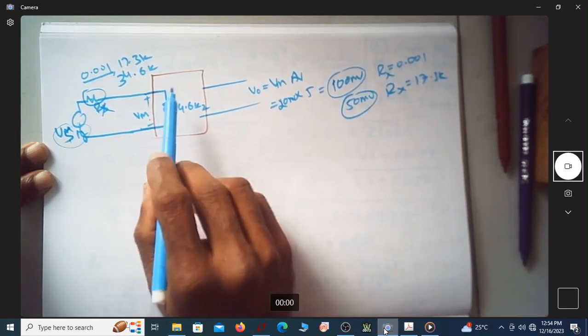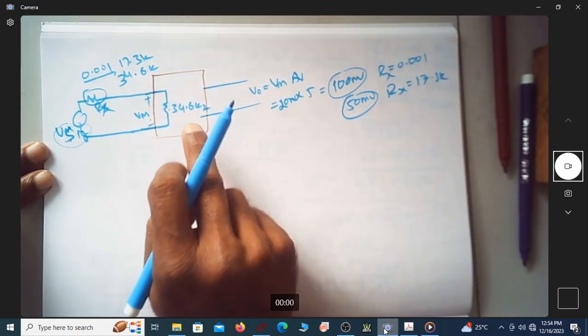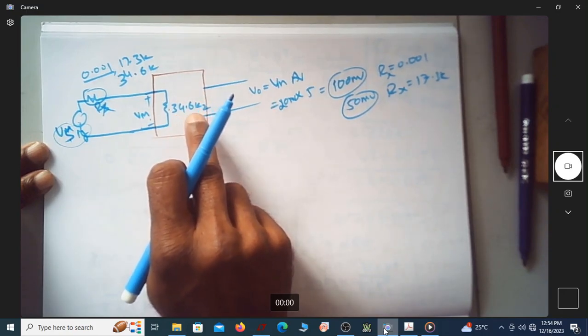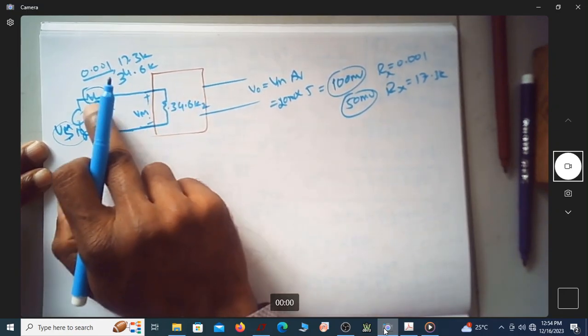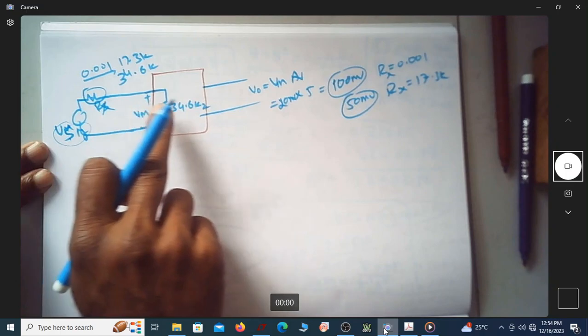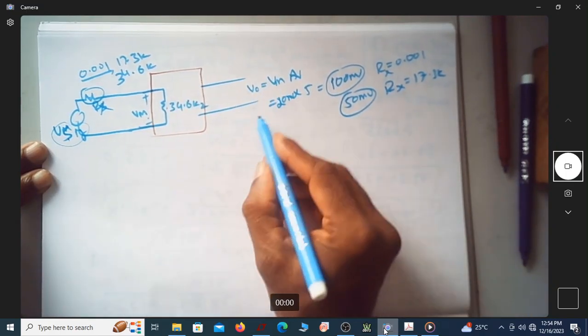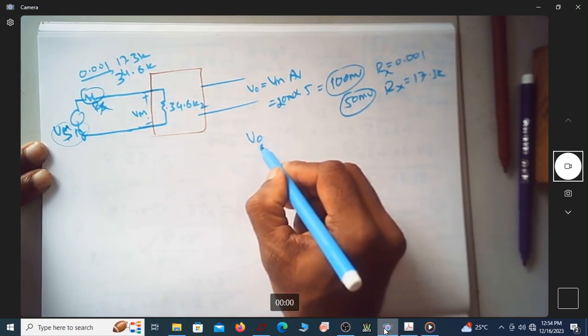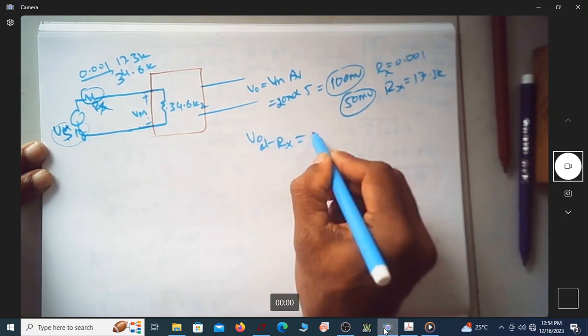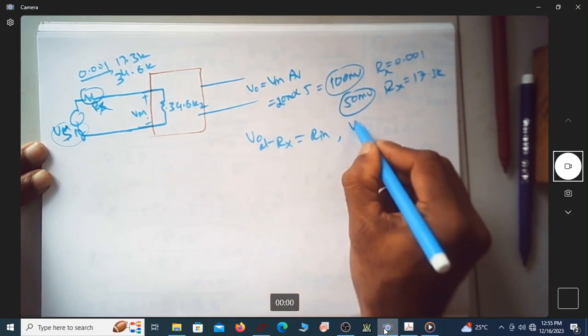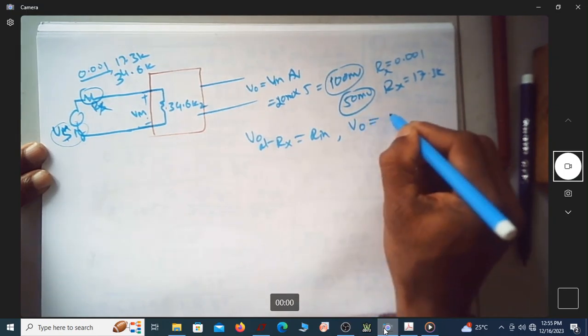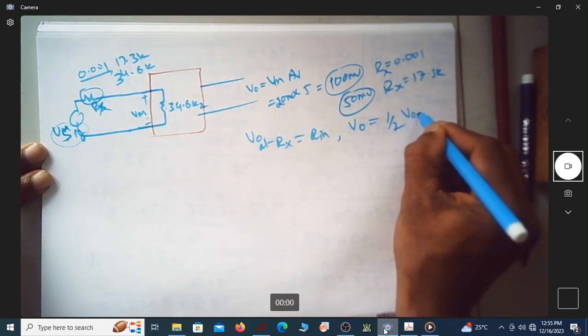So if the input impedance of the network is 34.6 kilo ohm, and I make this resistance also equal to 34.6 kilo ohm, then at Rx equal to Rin, I'll get V0 equal to half of V0 max.